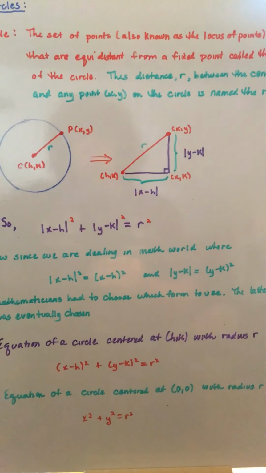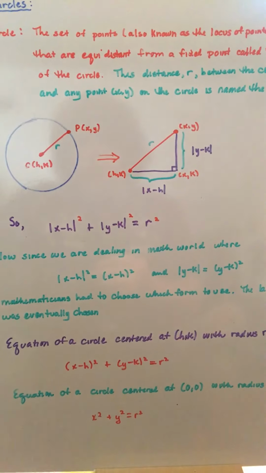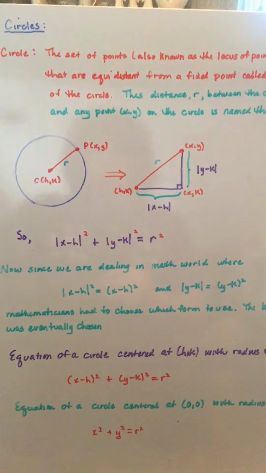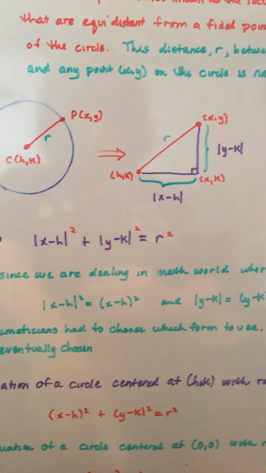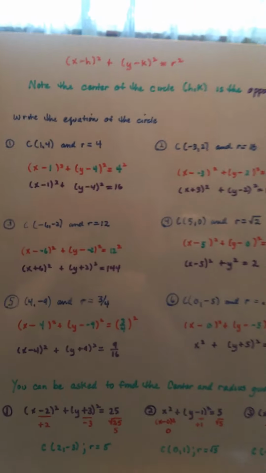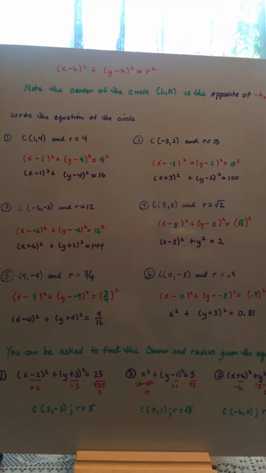Now, when the circle is centered at 0, 0, x minus 0 is just x squared, and y minus 0 is just y squared. And notice it's the Pythagorean theorem, only it's x's, y's, and r's instead of a's, b's, and c's. Now, here is the equation of our circle in the form that we use it.